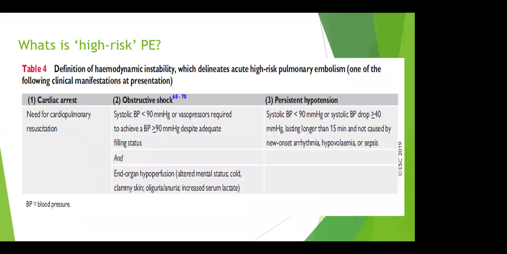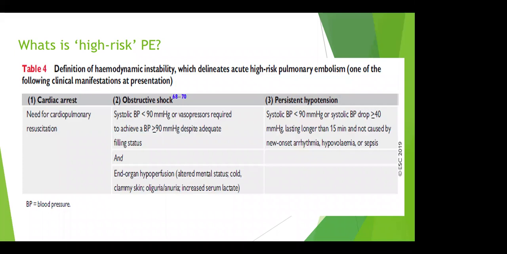It's important to know what is considered a high-risk PE, because these are the patients that may require thrombolysis. According to the ESC 2019 guideline, high-risk PE means any patient that comes in with cardiac arrest or has hypotension, which means the patient is in shock.